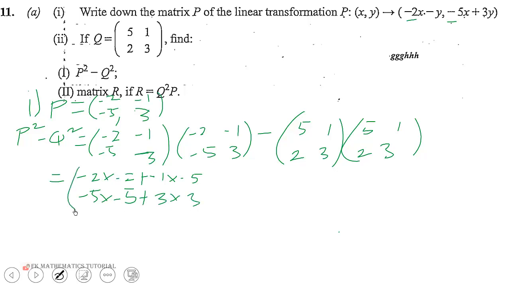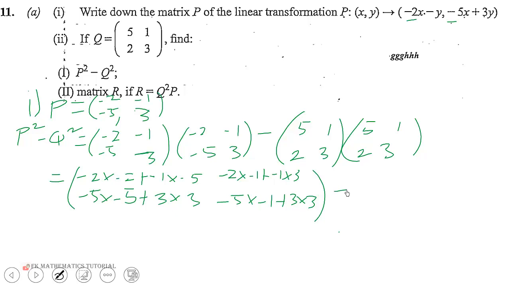Then we have -2 times -1 plus -1 times 3. Then we have -5 times -1 and plus 3 times 3.